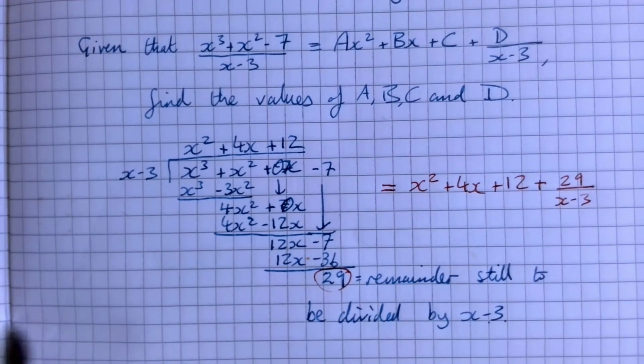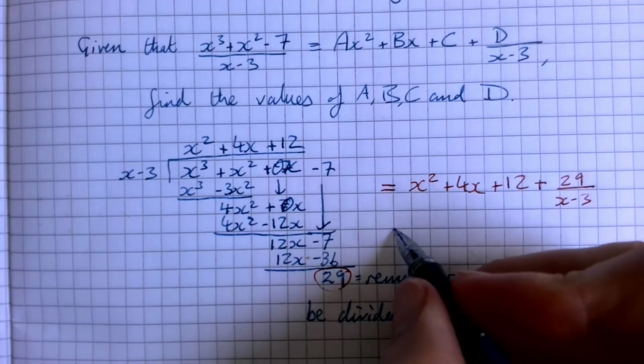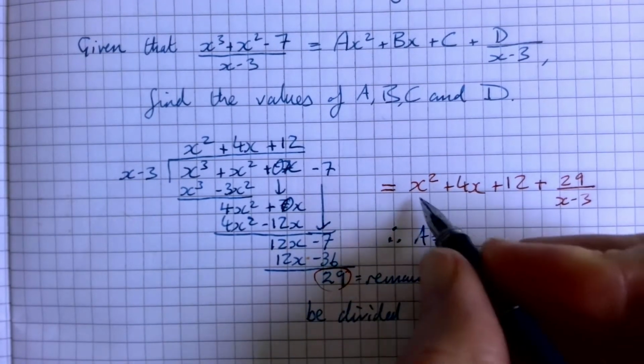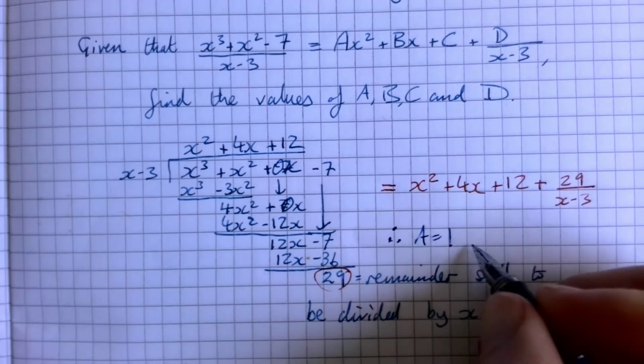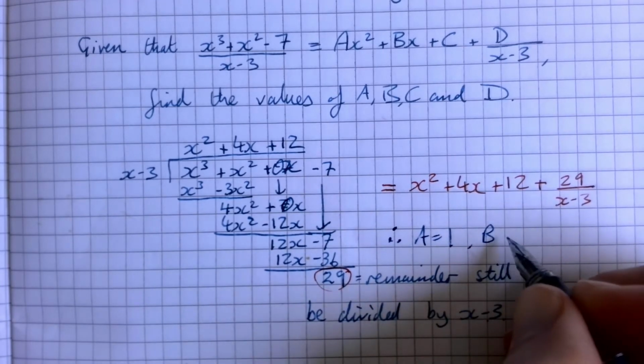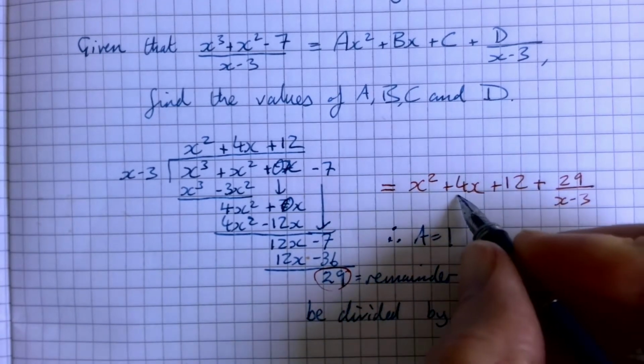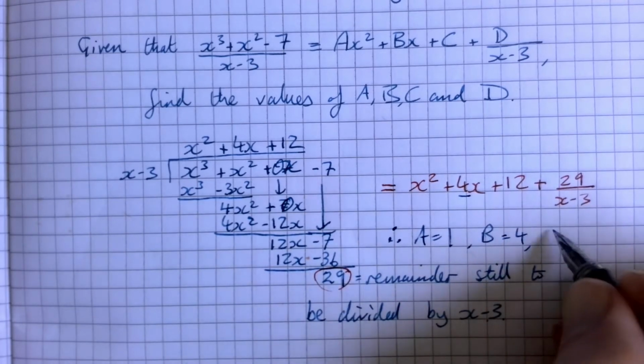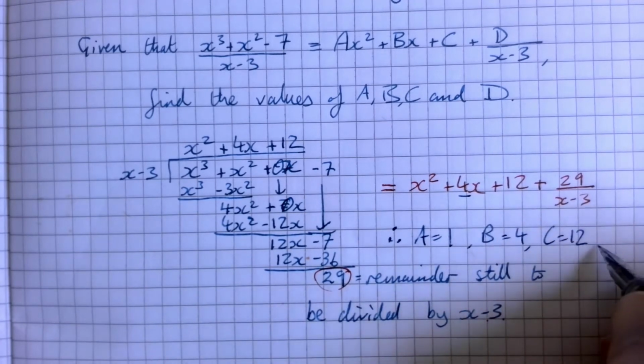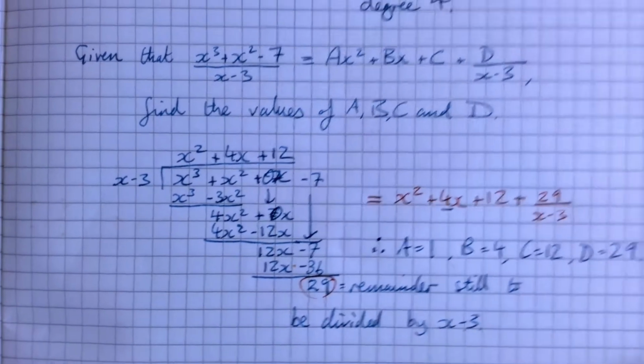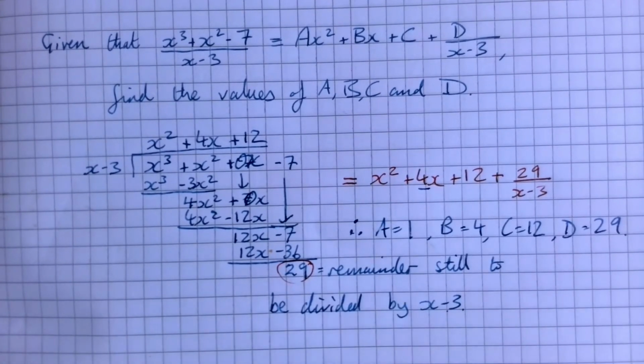And that means that a must equal 1, b must equal 4, c is 12, and d is 29. If we can fit that into the page. There we go.